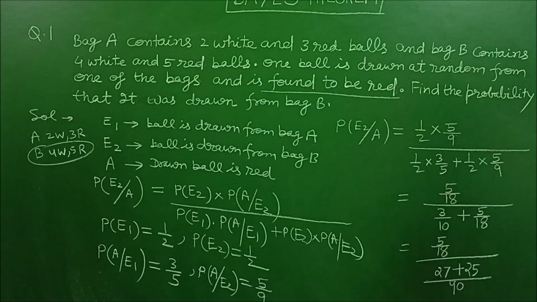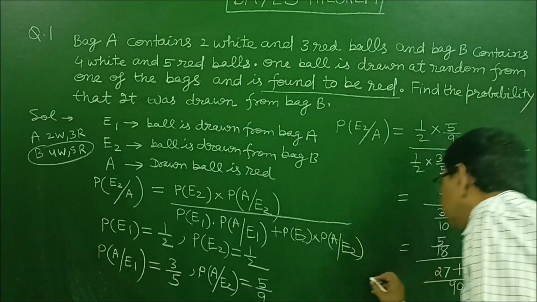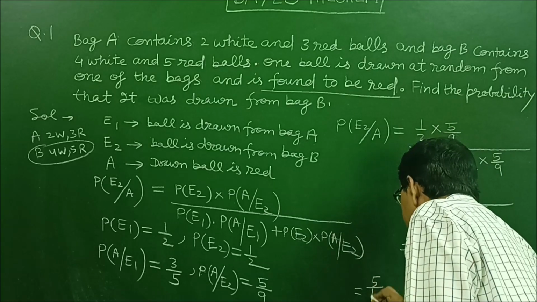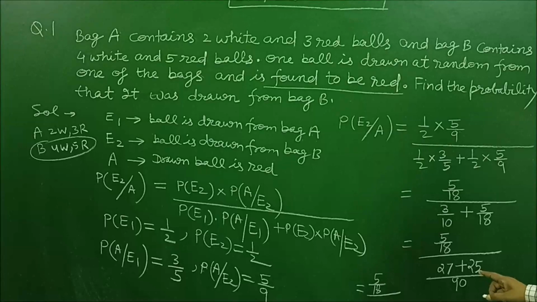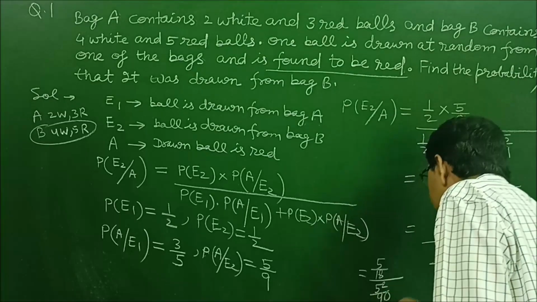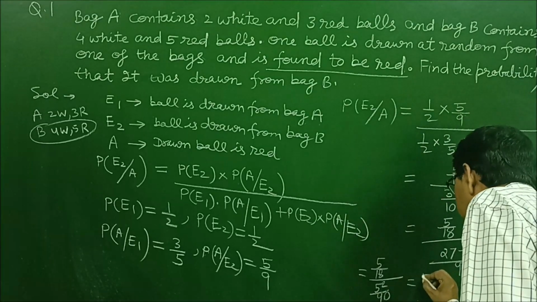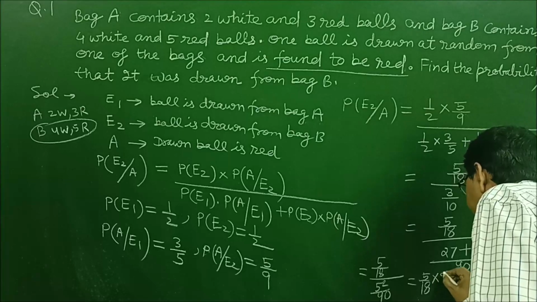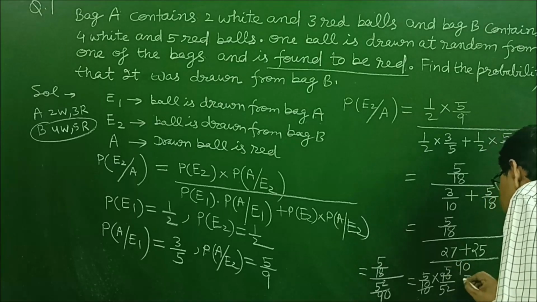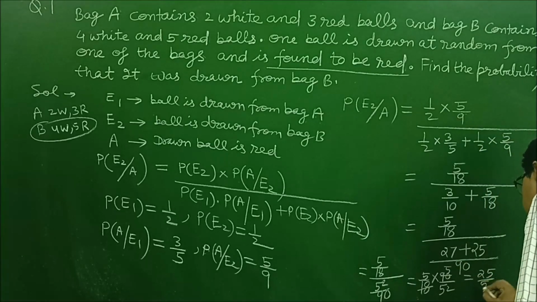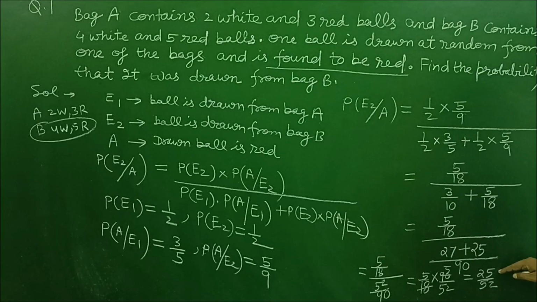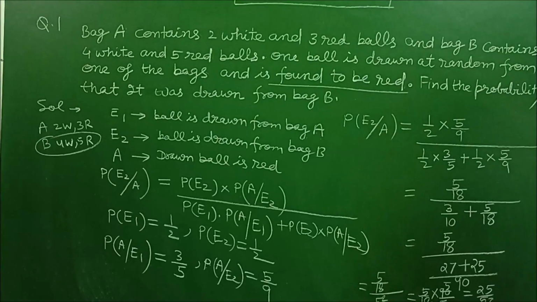So this is equal to 5 upon 18 divided by 52 upon 90, which on further simplification is equal to 5 upon 18 into 90 upon 52. 18, 5 times cancelled, so this is equal to 25 upon 52. So the required probability is 25 upon 52.